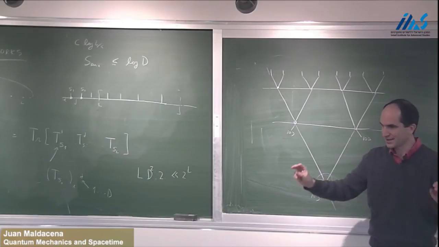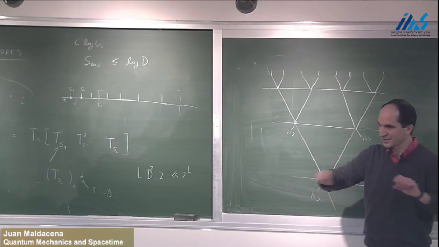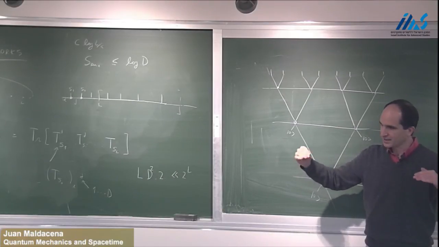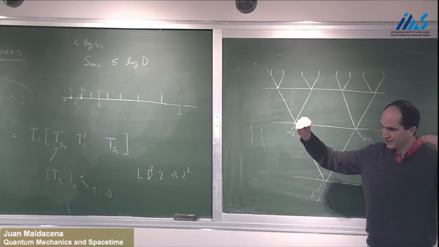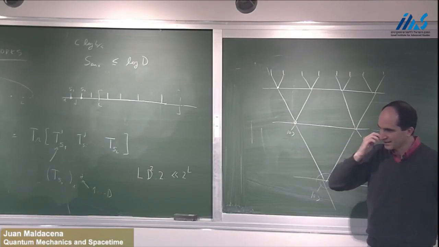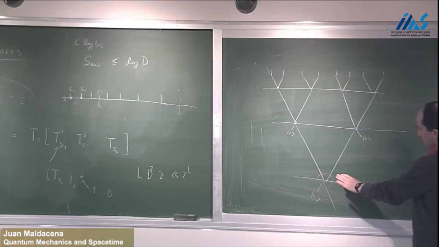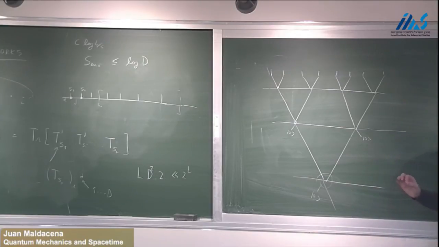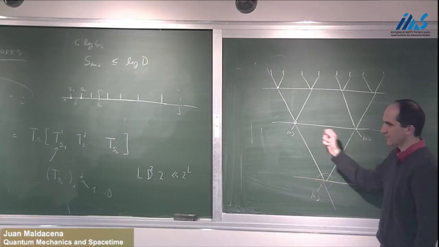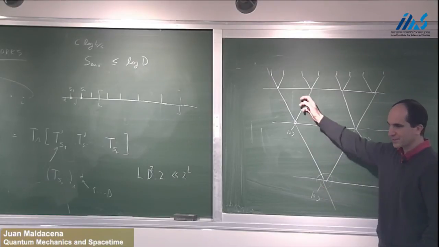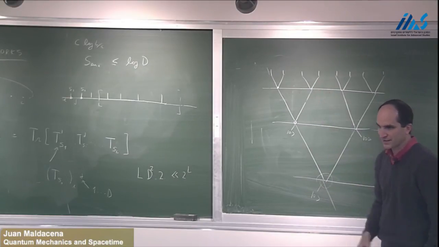So you have a product state of spins, all spins in the ground state, and then you apply a unitary transformation to construct the actual final state. And these tensor network methods give you a prescription for how to do it in a simple way, because you have a relatively small number of operations you need to do to get to this wave function.